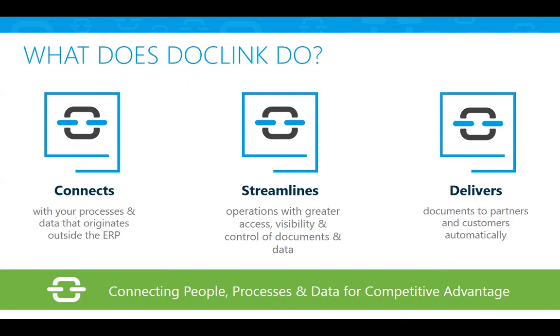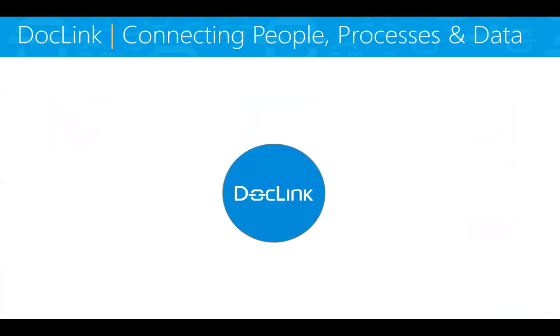So DOCLINK can be utilized internally or externally. You might consider it like a vendor portal or customer portal, should you give access to folks remotely or externally from your organization.